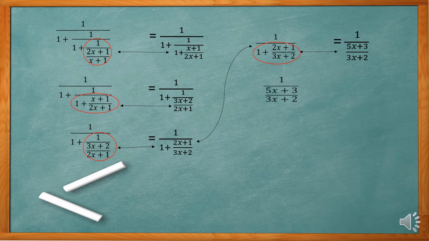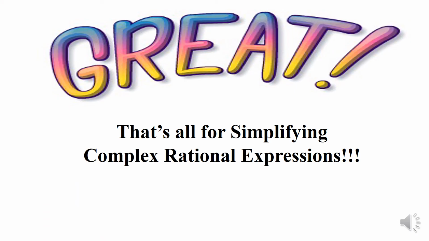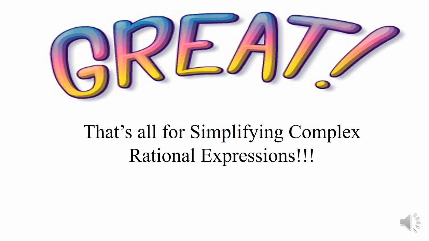And then the last procedure, you just reciprocate the denominator, then multiply it to the numerator. So our answer for that given expression is just 3x plus 2 over 5x plus 3. So that's the simplest form. So that's great. That's all for simplifying complex rational expressions.